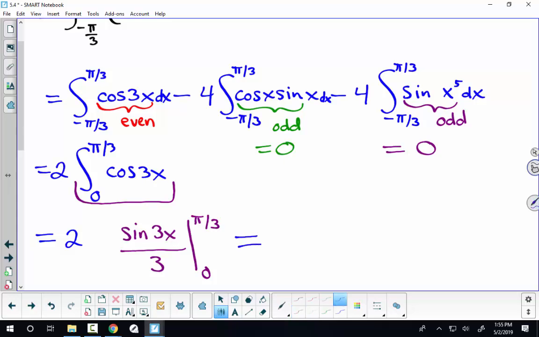Okay, so we've got 2/3 sine of 3x from 0 to pi over 3.